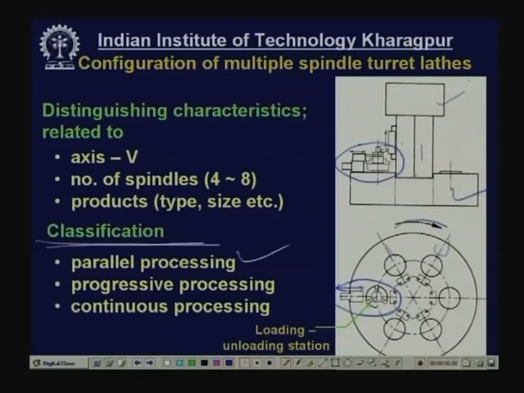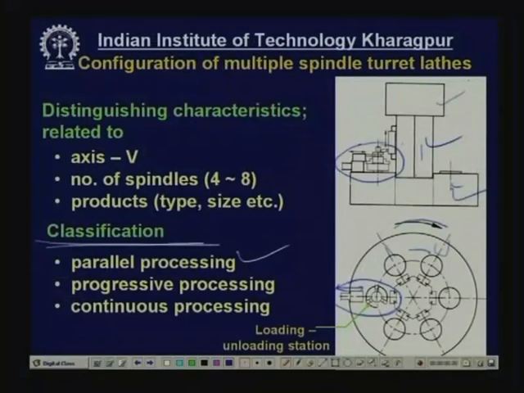So, this job will be carried to the next station where another set of tools are ready to do some machining work. So, the ram will remain fixed, but the tools will move. Then this will go to the next station for a few more operations. In this way, all the operations will be completed, and the job will come back to this station and will be unloaded. In this way, all the spindles will be kept engaged, and you get 6 times productivity.